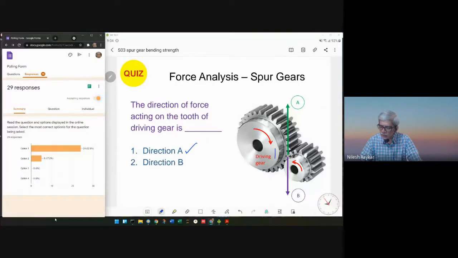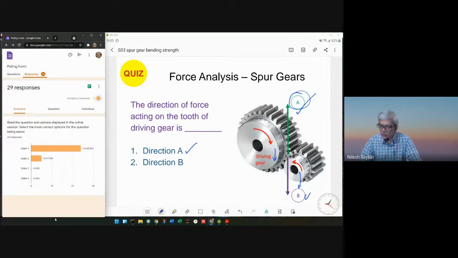Here the driving gear is moving downward, so direction A is right, it is opposite to the direction of motion. That is the direction of the tangential force. Whereas for the driven gear, it will be in the direction of motion. So on the tooth of the driven gear, the force would be in the direction of B.